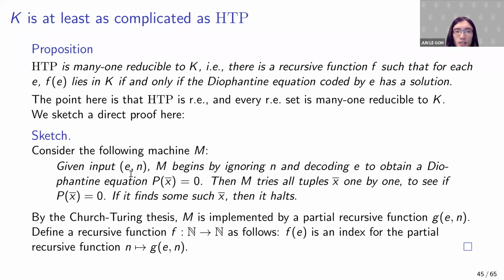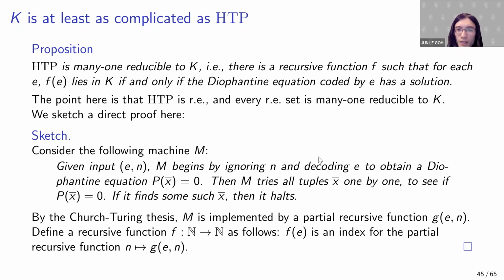Think about this machine as a way to try to solve Hilbert's 10th problem by brute force. So given input e and n, the n here isn't really important. It's just an artifact of how we define K. So just think of the input as e.